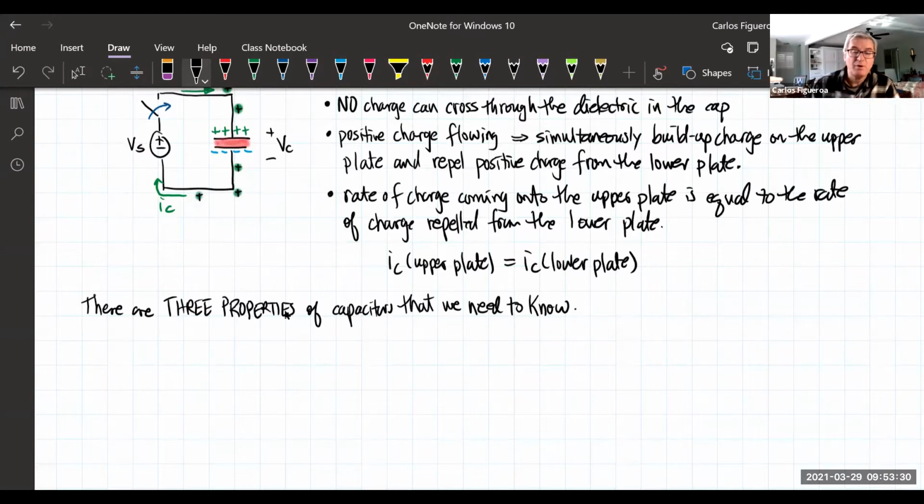Okay, three properties. The first one is this. Let me make sure I'm saying this right. Is it three?